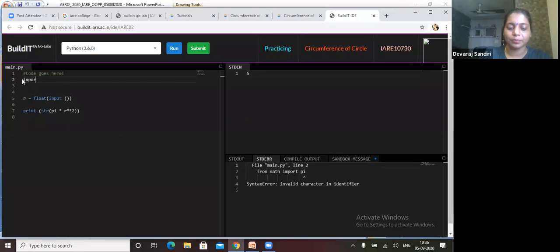Import math. Line 5, float of input. Acha, 5.0 will take. No, float of input, why is it not taking?